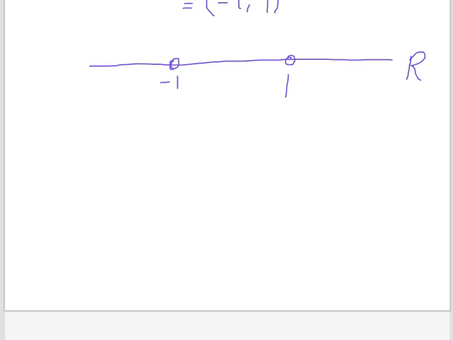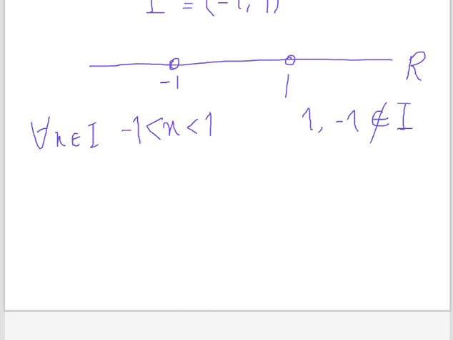Every element in I is between 1 and -1. 1 and -1 do not belong to I. But every x belonging to I is less than 1.